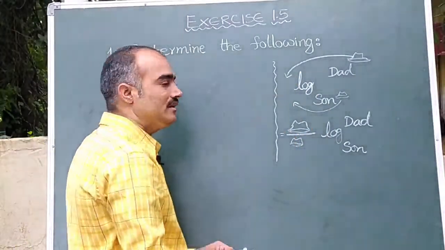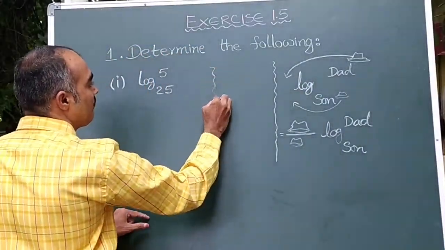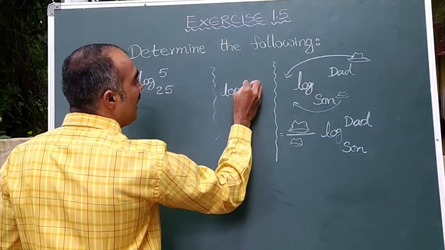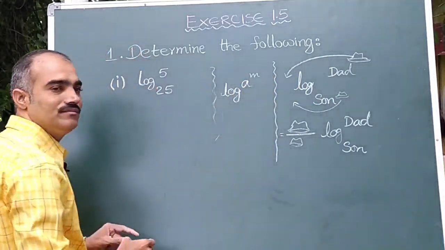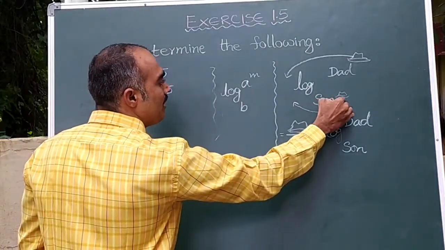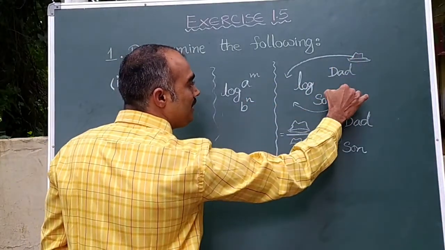Observe this one. In the same way, if we write the formula, log, in place of dad I am taking a, in place of cap I am taking power m. Son I am taking as b, and in place of cap I am taking n, because the dad's is the bigger cap and this is the smaller cap.